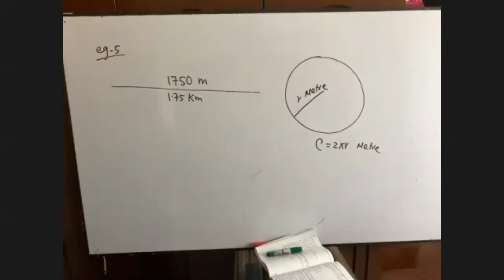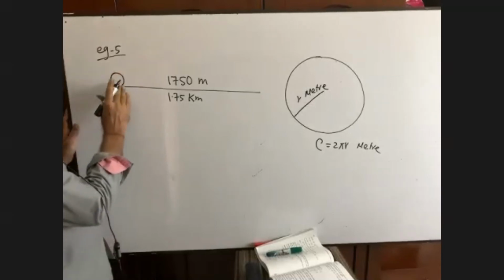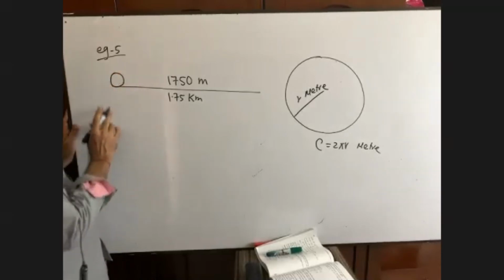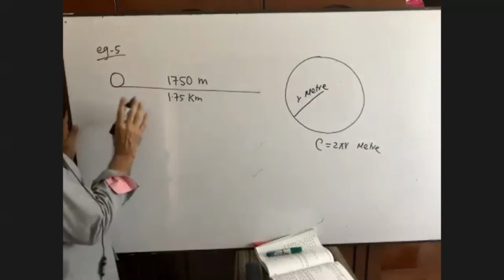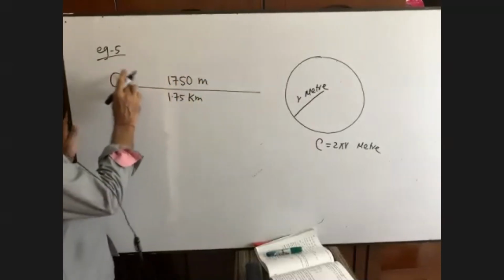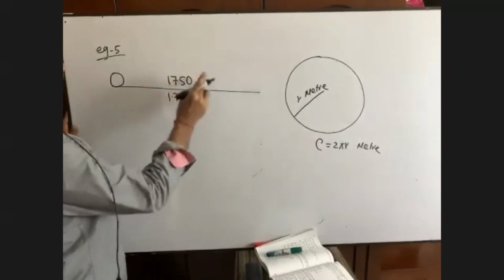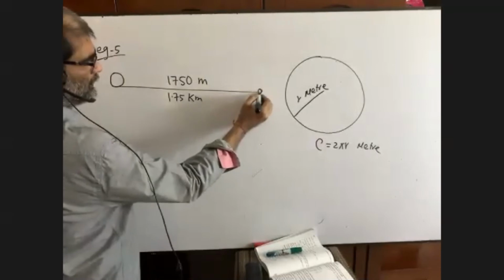Yes, sir. Now it is a wheel. This wheel has to travel this 1750 meter. In this way, it will revolve, right? And at last it will go there.